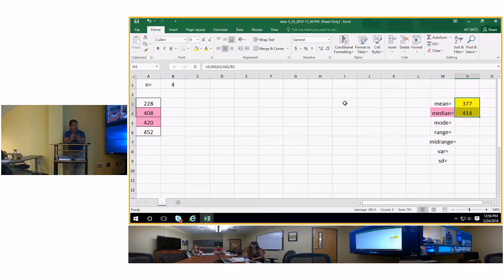So the 408, the 420, and the 452 are in line, but the 228 is not. If we change that to 428 or 400, you're going to start seeing the mean and the median line up.